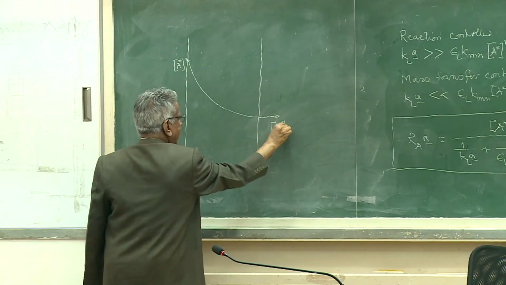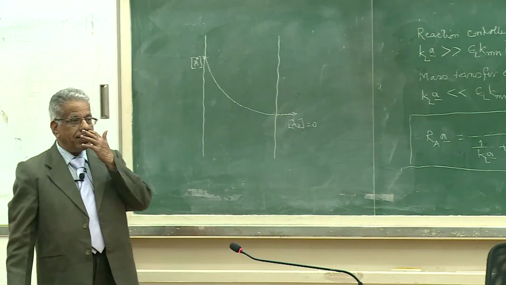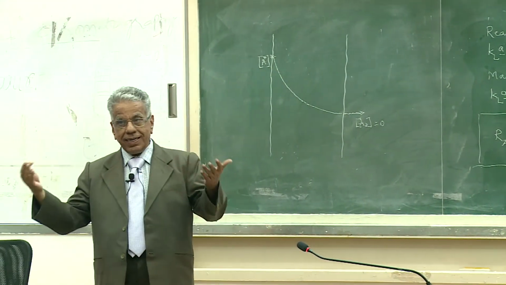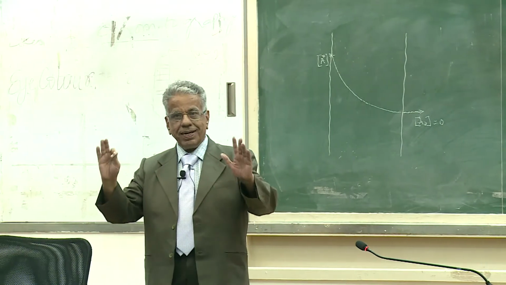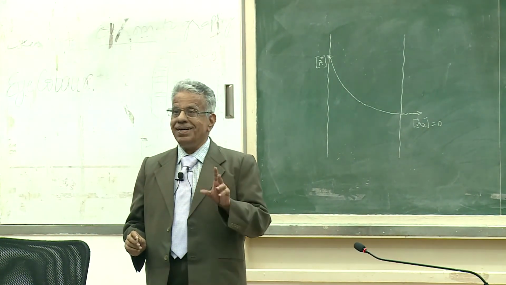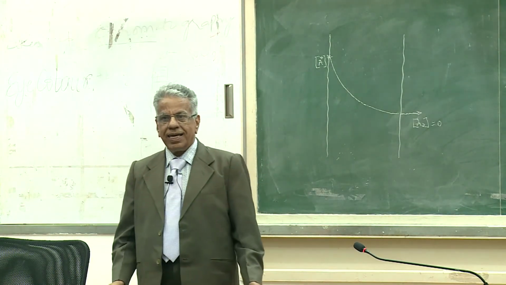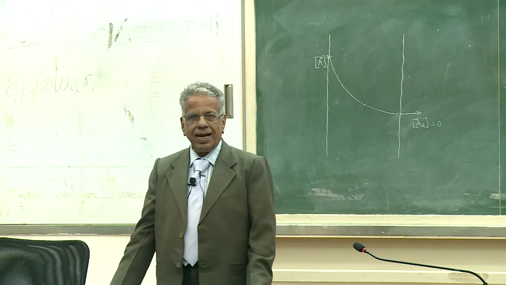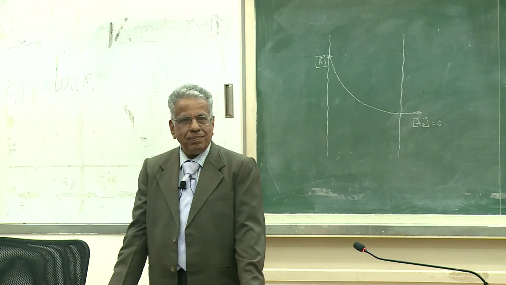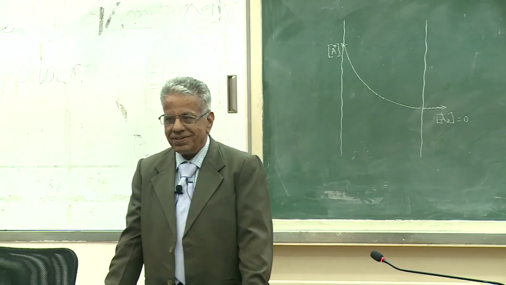Now, I wrote A0 is equal to 0 earlier also, but the meaning there was all A was entering the liquid bulk, and because of the fast chemical reaction A0 was maintained to be 0. Whereas, in this case all the A reacts in the film and there is no A available for entering the liquid bulk, and therefore, A0 is equal to 0.